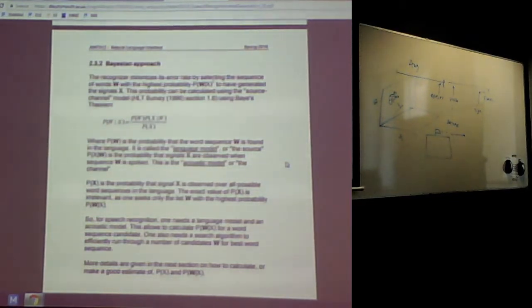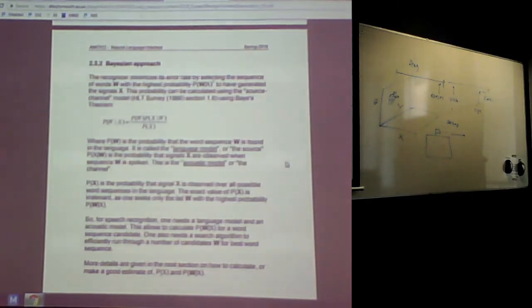So what's important to know is, what are these things? The probability that a list of words appears, that is called the language model. You pick up all newspapers. What's the chance that this list of words appears in the newspaper?